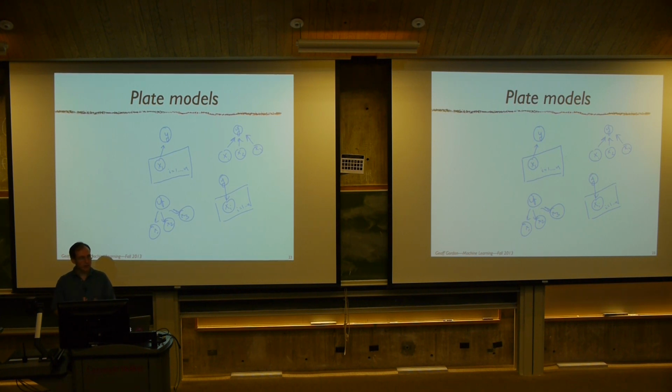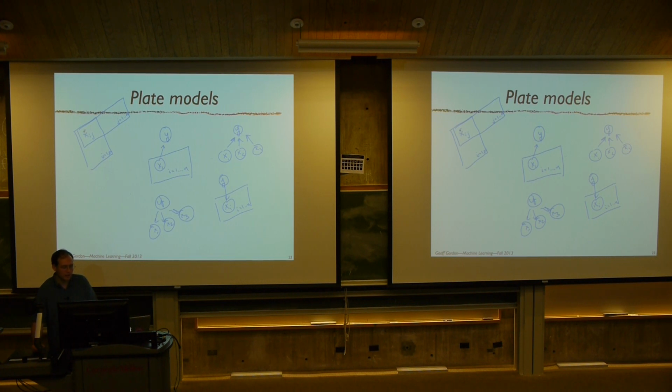So plate models are effectively a macro language for constructing huge graphical models. So you could have something where you have, let's say, an observable xij, and you could have two intersecting plates on top of xij. One is i equals 1 to n, like that, and another plate like that says that j equals 1 to m.